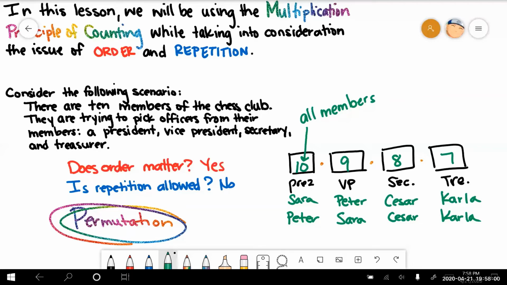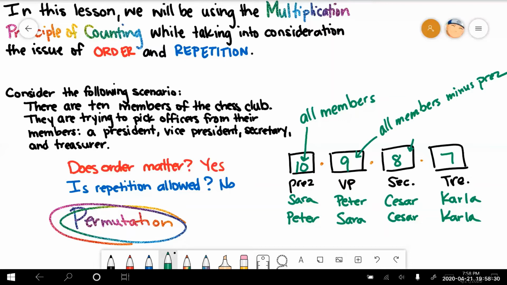So to recap, the president, we had 10 options because we had the opportunity to pick from all 10 members. Once we pick the president, this box ends up only with 9 because it's all members minus the president. Okay, president has been chosen.